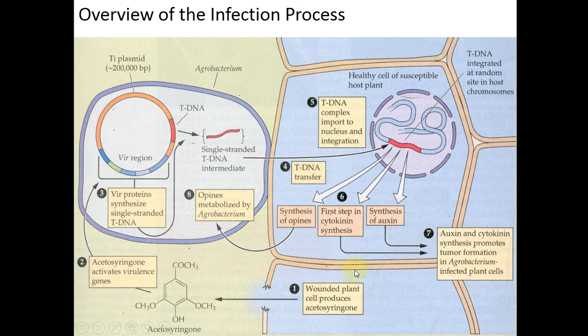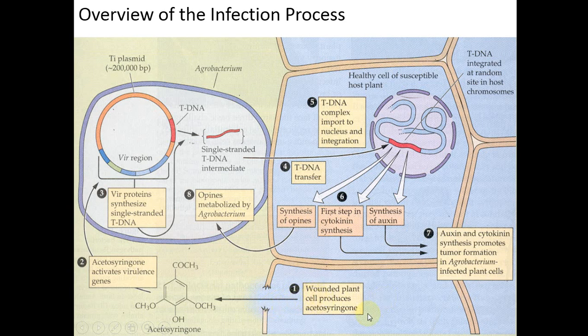So this is plant tissue. These you can see, these are the plant cells with the cell wall. Now see here, number 1. This is cell wall and cell membrane of the plant is broken. So this is wounded plant.